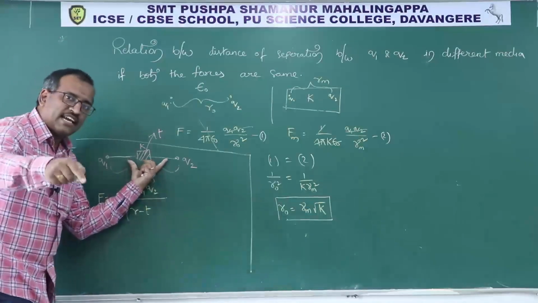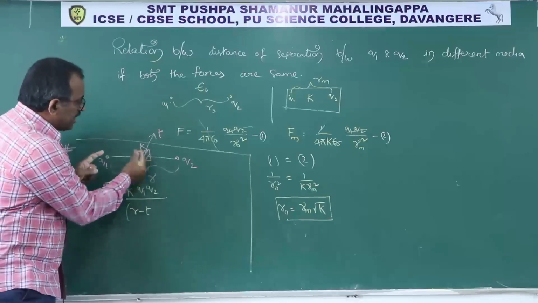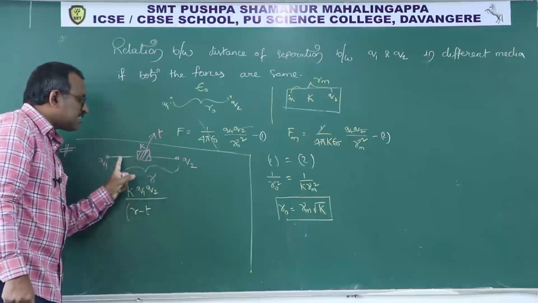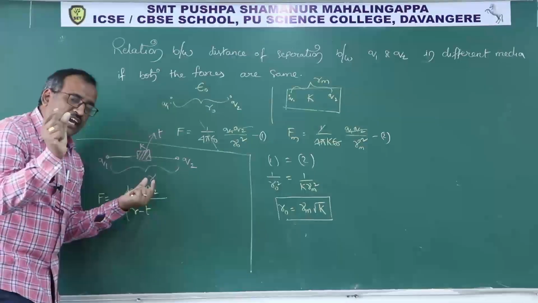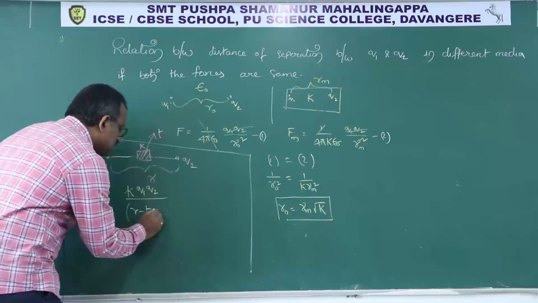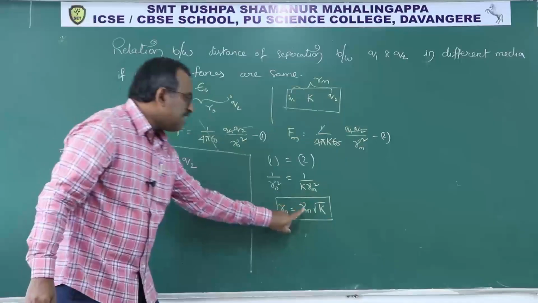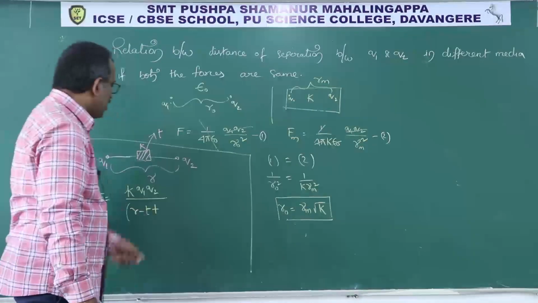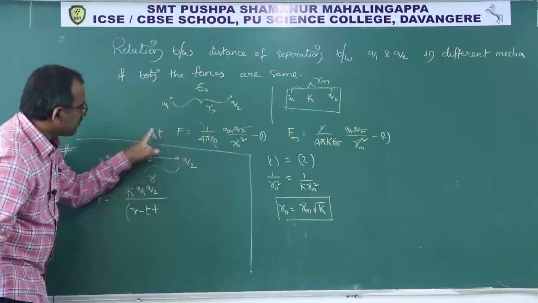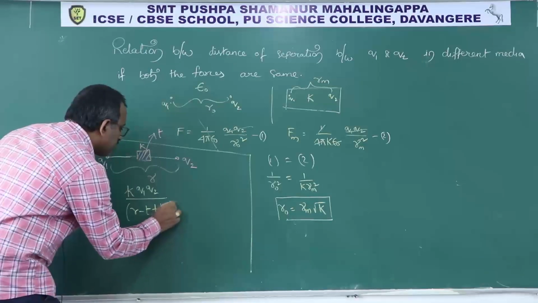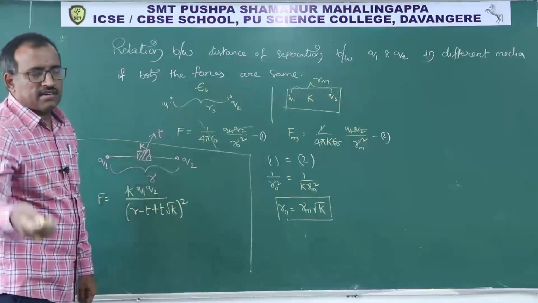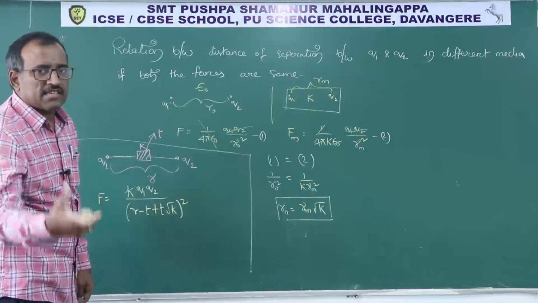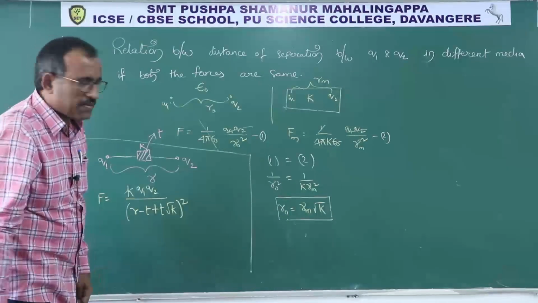R minus T is air distance, this side. And what about this? If I remove this, air distance will come. That air distance will be medium thickness into root K. What is the medium thickness here? T into root K, but whole square. Why? Formula K Q1 Q2 by separation square, R square.